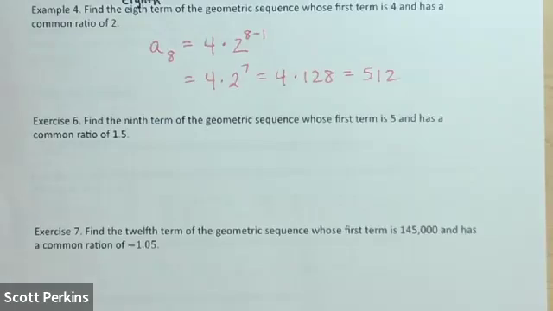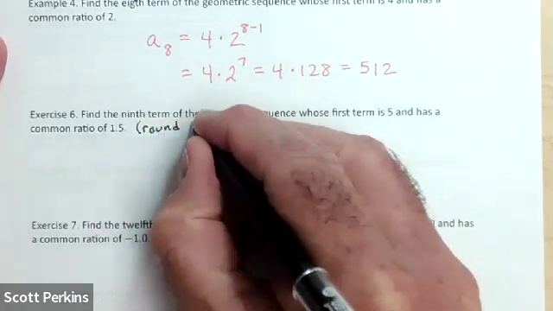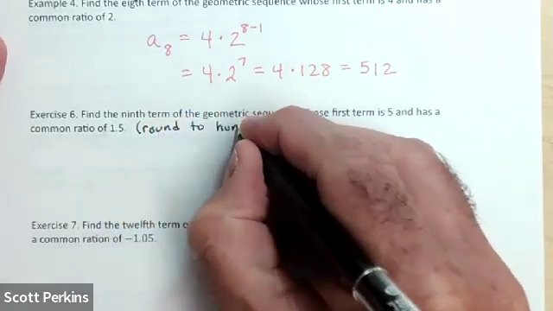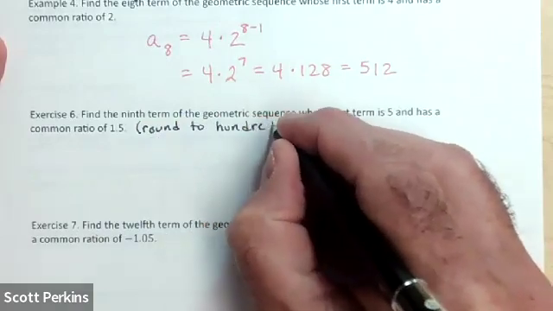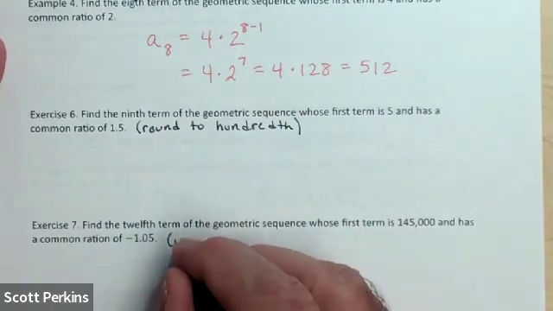Oh, and when you do this, let me just make a note. I should have typed this. Round your answer to the 100th. We'll do that on both of these last problems.